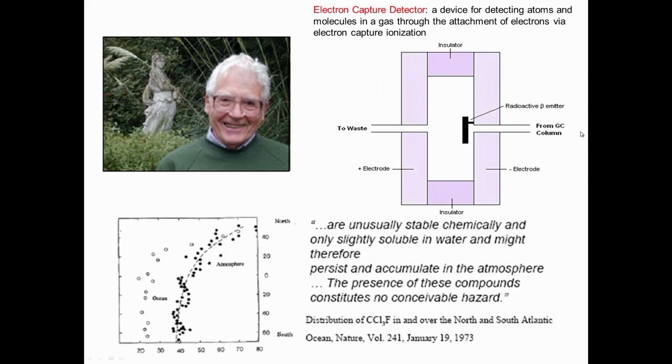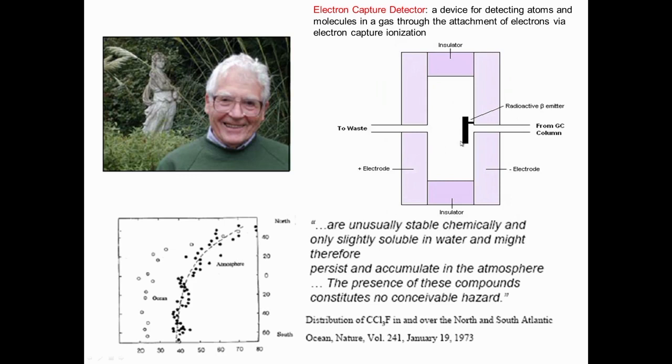If you use a gas chromatography column and you put the gas through the column up against a radioactive foil that emits beta particles, then there'll be an amount of current from this foil reaching the cathode.